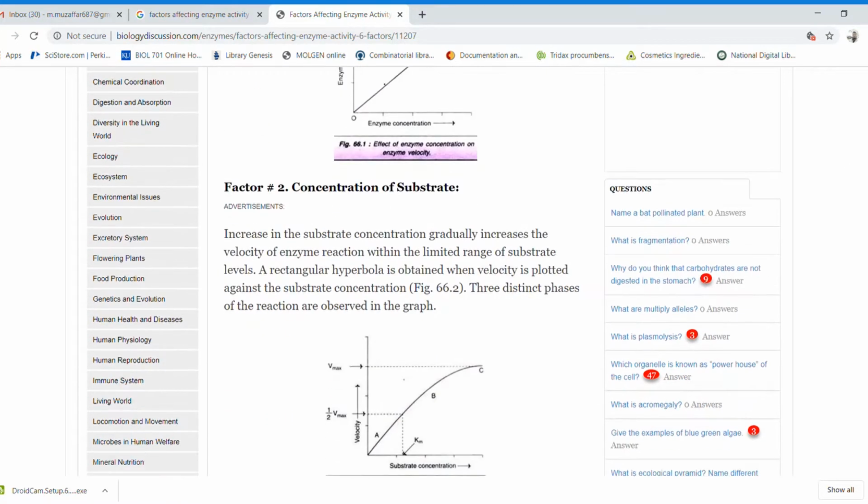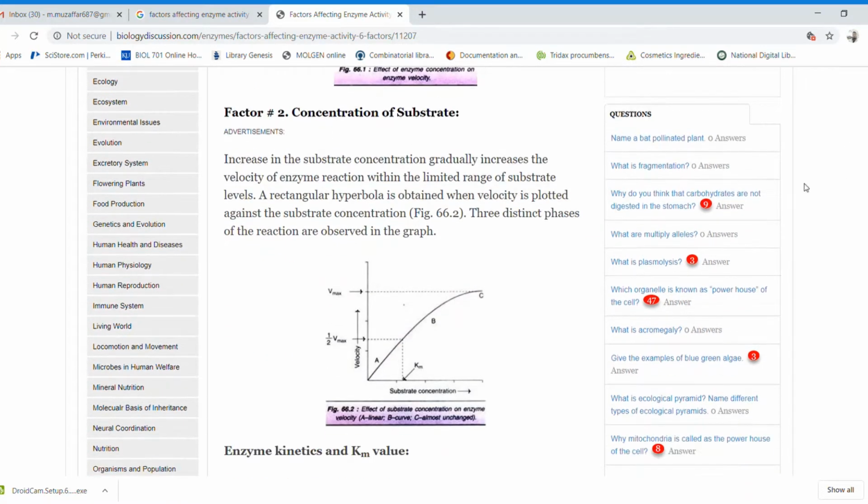Next one is the concentration of the substrate. An increase in substrate concentration increases the velocity of the enzyme reaction, but in a limited range. You can see the graph here: substrate concentration on the x-axis and velocity or rate of reaction on the y-axis.